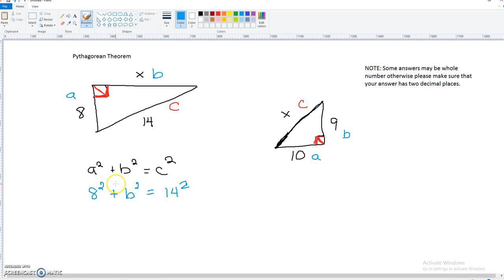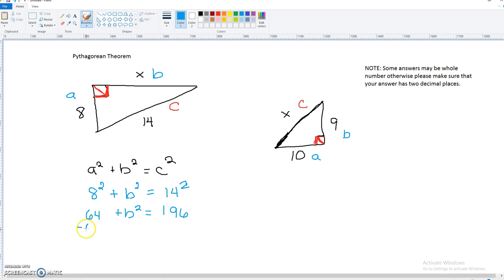Okay, now this is where you bust out your calculator and do your whole squared thing. And remember, you're squaring. So it's 8 times 8. So this is 64 plus B squared equals, and then 14 squared is 196.